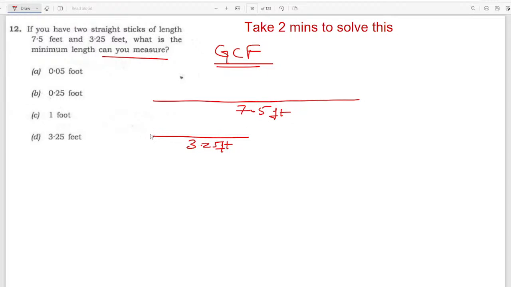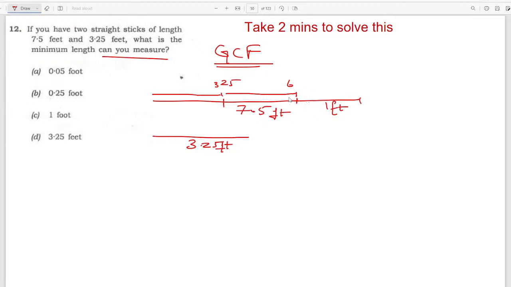We'll keep this stick and then the smaller stick here, and mark 3.25 feet. And for another measure, we'll again take 3.25. 3.25 into 2 is 6.5. So the whole measure would be, one mark at 3.25, one at 6.5, and this would be 1 feet.